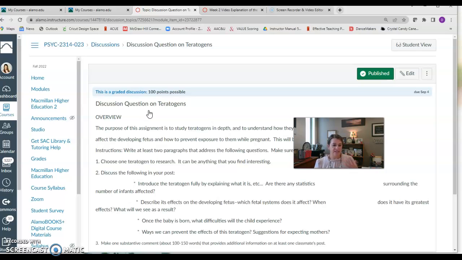And then in addition to making your initial post, to receive full credit, you need to post on at least 2 other students' posts for full credit. So a comment on their post. Ideally, you would get that initial post done by Wednesday of the week, and then at some point make your additional 2 posts to classmates.